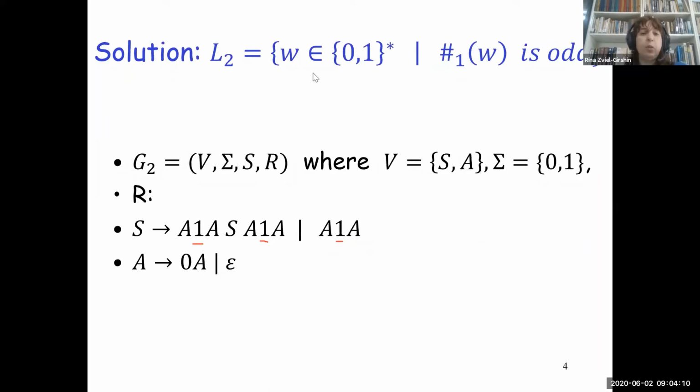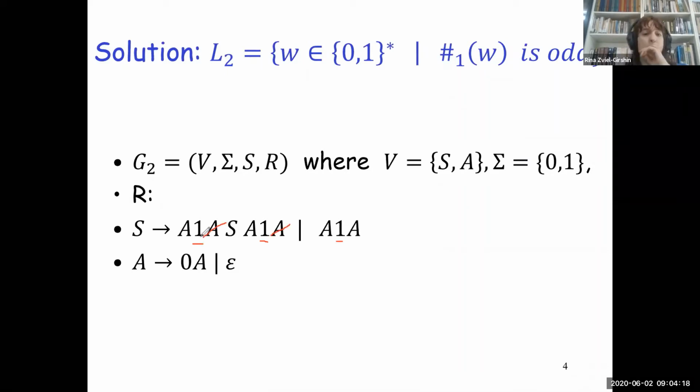In the first rule, maybe I can delete leading zeros before S and zeros after 1, because... no, basically we should have possibility of having zeros before the 1, having zeros after the 1, and then using S in the middle. And for the second last one, the even one, we should also give a possibility of having zeros before and after.